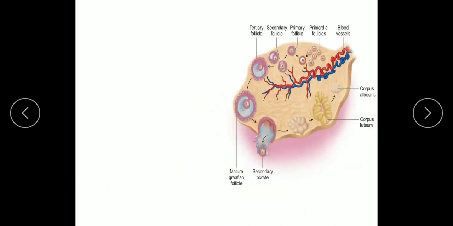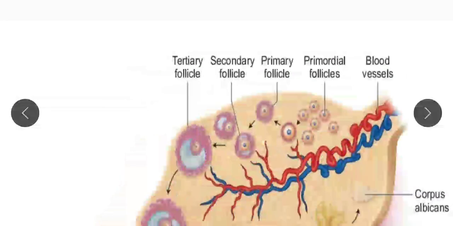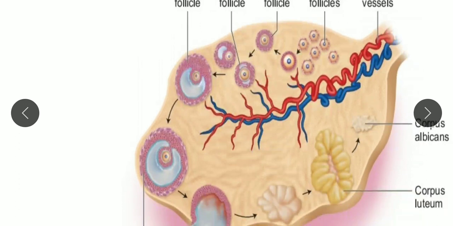This is the transverse section of the ovary. The various stages in the section of the ovary: blood vessels, primary follicles, secondary follicles and tertiary follicles. These are the developmental stages of the egg cells.